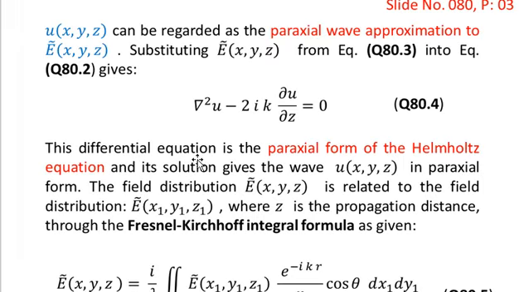This is the differential equation in the paraxial form of the Helmholtz equation, and its solution gives the wave u of xyz in paraxial form.